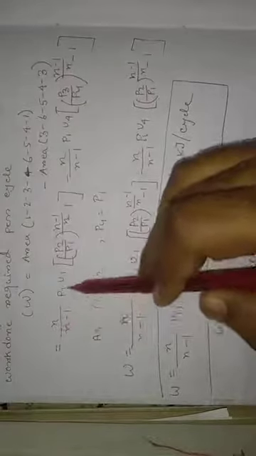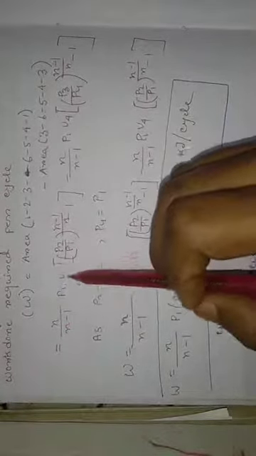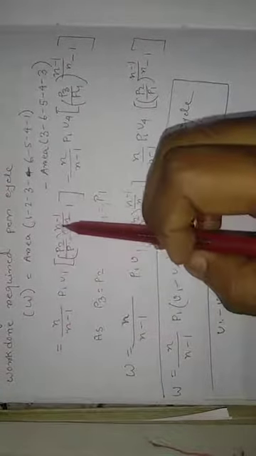For the total cycle 1 2 3 6 5 4 1, there is no clearance at all. Similarly, for the cycle 3 6 5 4 3 there is no clearance. So when you calculate, that will be n by n minus 1 P1 V1, which is already given, into (P2 by P1) to the power (n minus 1) by n, minus 1.